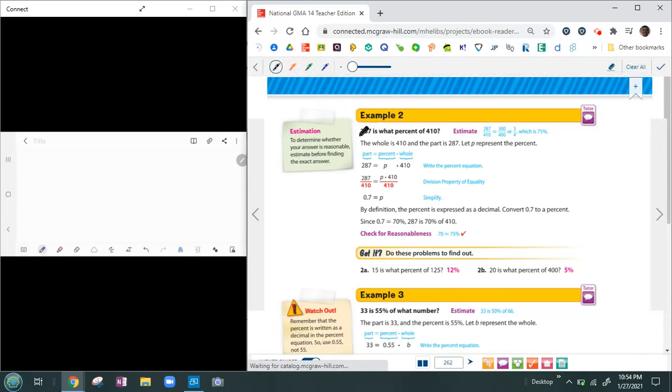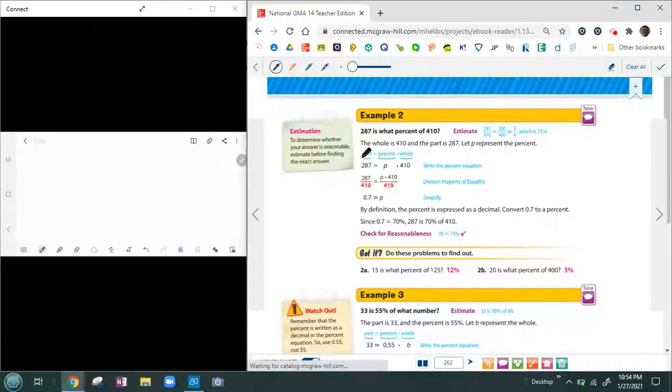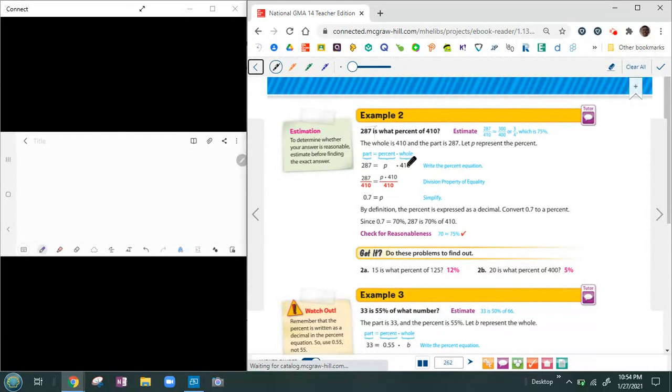We have the 287 is, the what percent, and the of 410. So when we write down the percent equation and plug everything in, since we have a number multiplying the variable, we have to divide by that on both sides to isolate the variable, and we get a decimal.